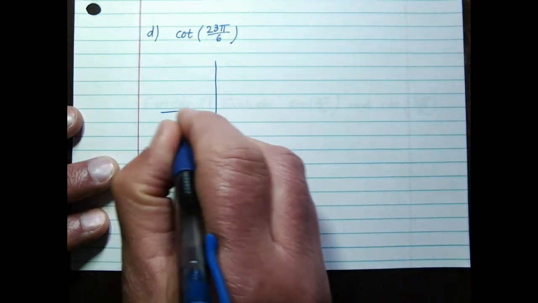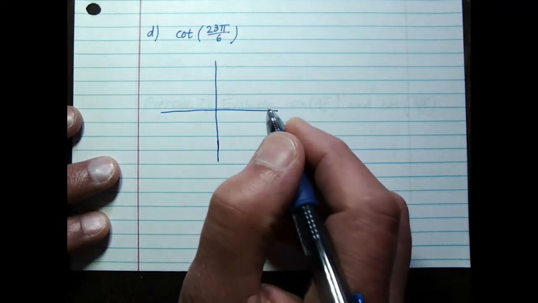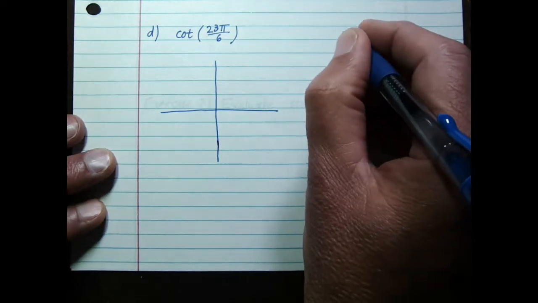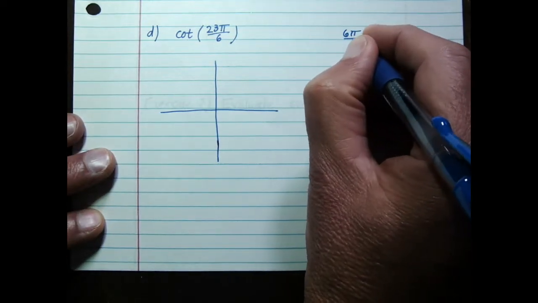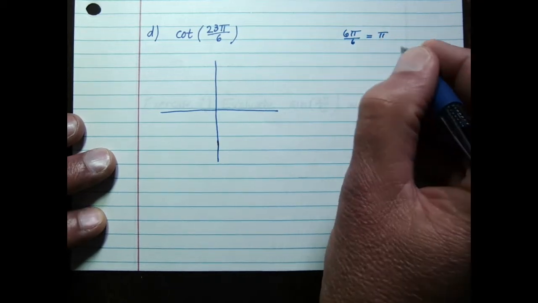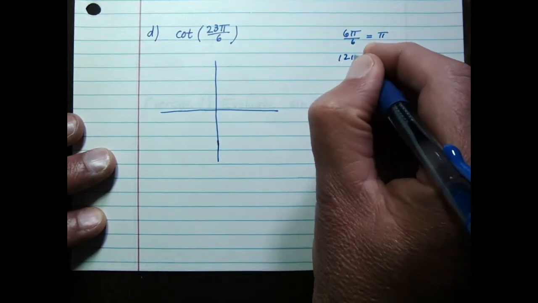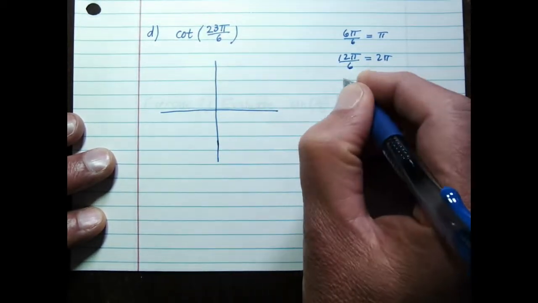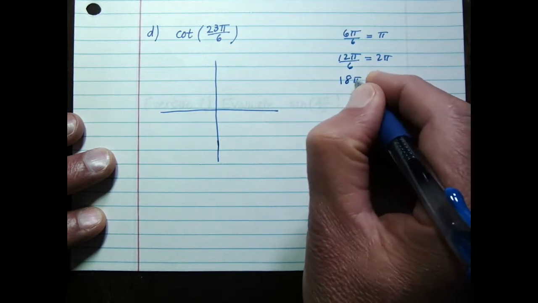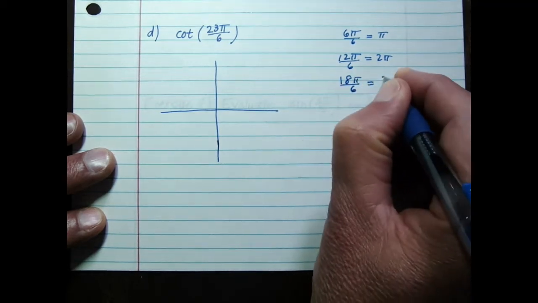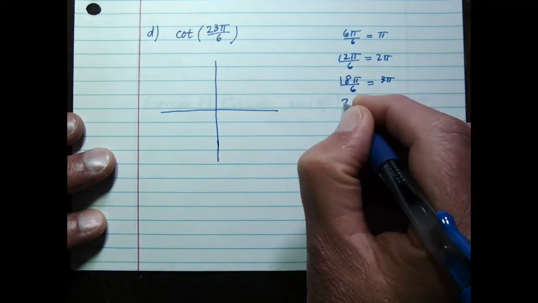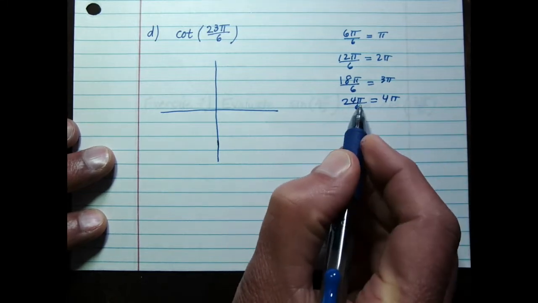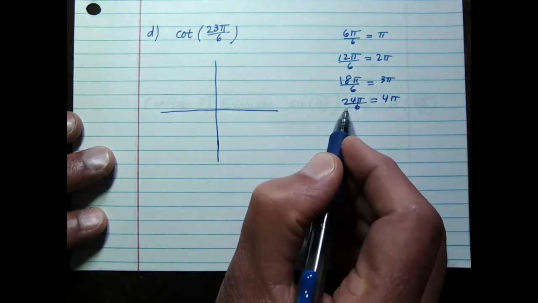I'm thinking of multiples of pi over 6. I know 6 pi over 6 is pi, so that's half a full circle. 12 pi over 6 is 2 pi, so that's a full circle. 18 pi over 6, 3 times 6, is going to be 3 pi, that's like a circle and a half. 24 pi over 6 would be 4 pi, that would be 2 full circles around, and I'm just short of that, right?